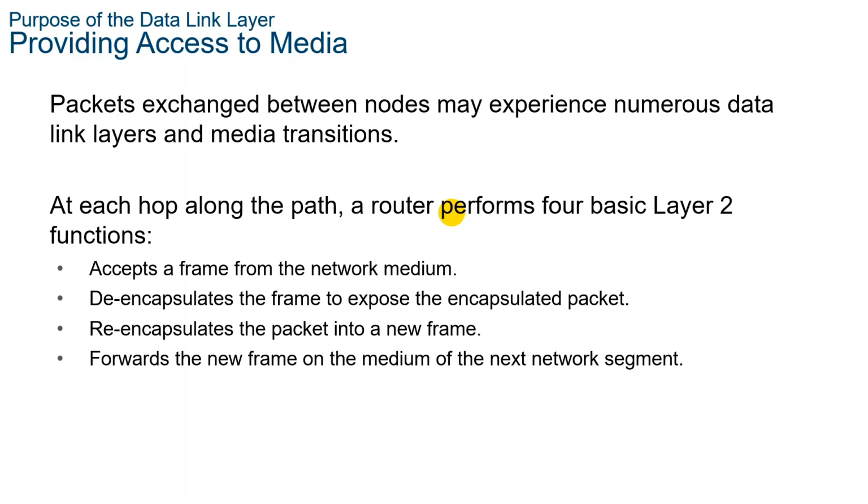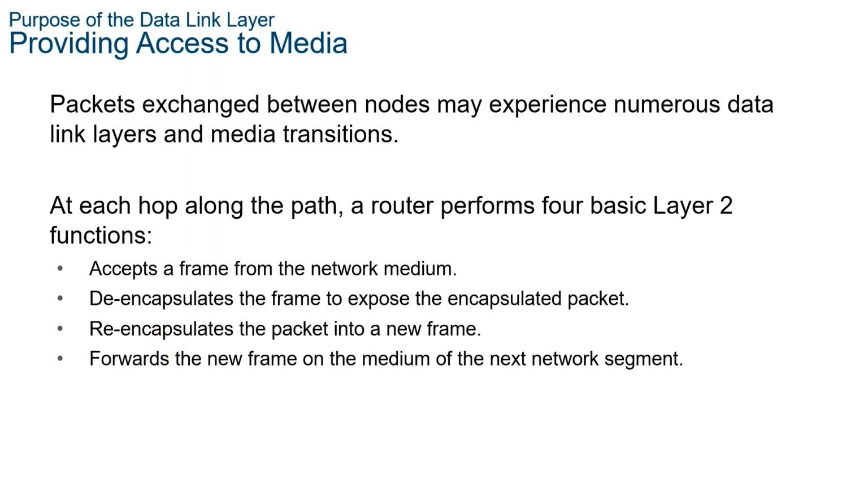In any given exchange of network layer packets, there may be numerous data link layers and media transitions. At each hop along the path, a router performs the following layer 2 functions. First, it accepts a frame from the network medium. Then it de-encapsulates the frame to expose the encapsulated packet. Third, it re-encapsulates the packet into a new frame.